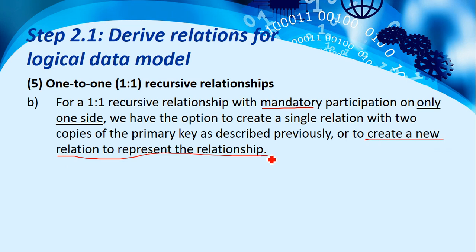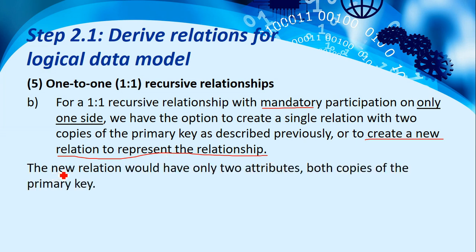In this case, we have another additional relation, and the new relation would have only two attributes, basically both copies of the primary key.